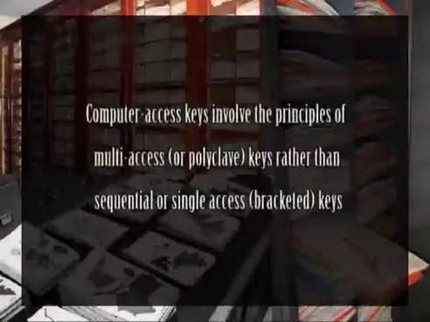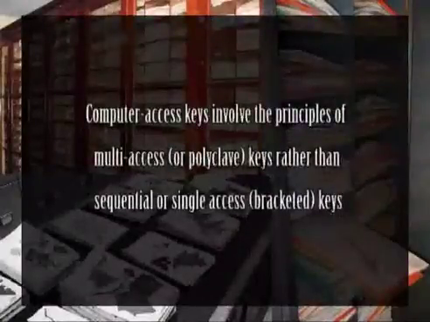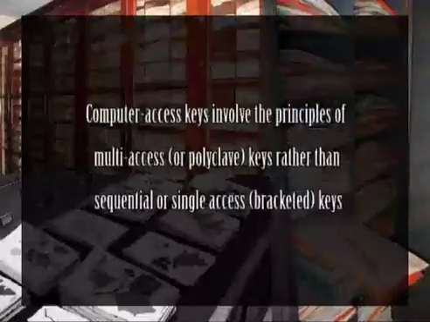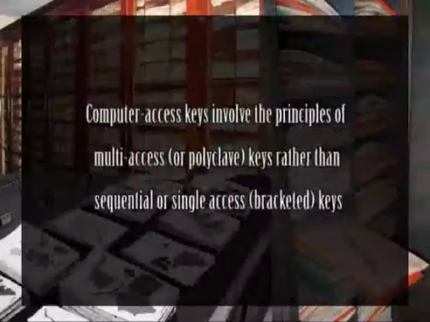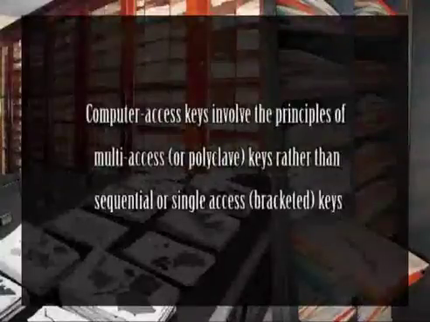Computer access keys involve the principle of multi-access keys, that is polyclaves, rather than sequential or single access, that is bracketed keys. And they may not be greatly affected if only one or two of the many characters do not fit the sequence.